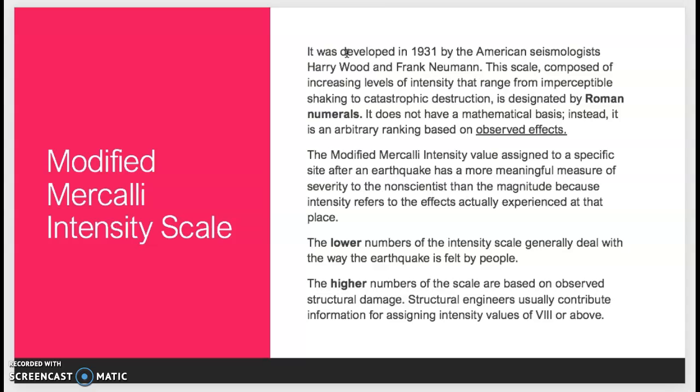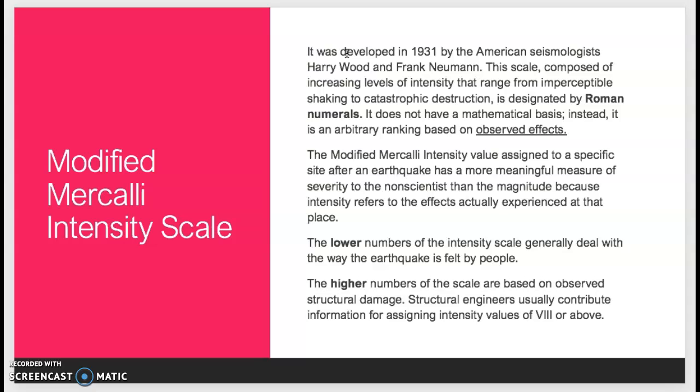who live in Ligonier. Okay, so on the modified Mercalli intensity scale, there would be a higher Roman numeral assigned to the people who live near the mall because they experienced more damage. And people who lived in Ligonier would have a lower number because they experienced less damage.